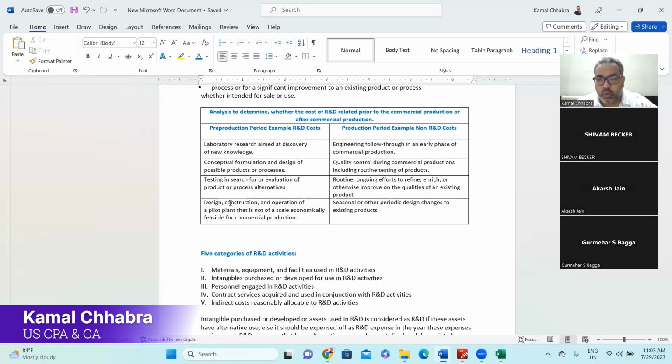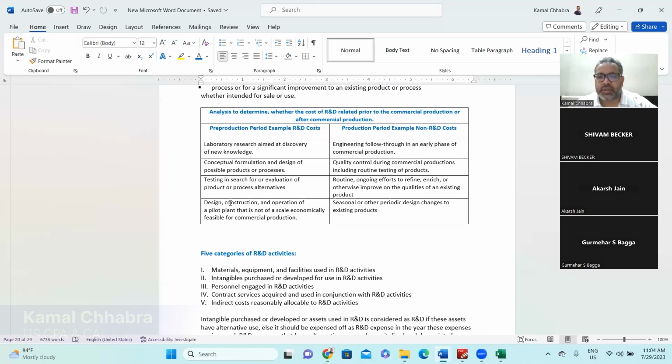That means no new product development, but improving quality. Last is seasonal or other periodic design change to the existing product. That means you have already developed a product, but you are making design changes to make it look and feel better. Those all come under post-production expenditure, and that will go to the income statement, right?